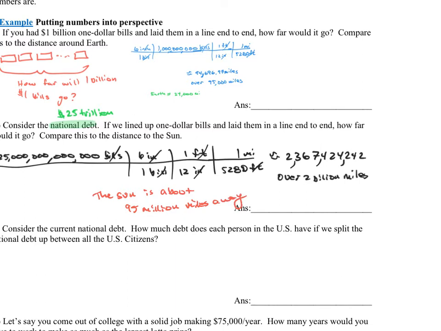So could we make it to the sun? Yeah. Take that answer in your calculator, that nearly 2.4 billion. Divide that by 95 million, which is the 95 with 1, 2, 3, 4, 5, 6 zeros, and we're getting, we could go to the sun about 25 times.